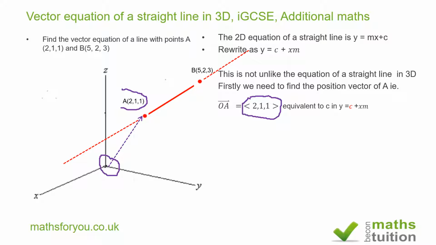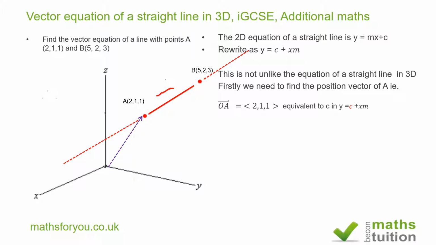Now, this OA here, this vector there, is equivalent to c in the equation of a straight line in 2D. So that is the equivalent of c. Right, moving on from that, we now need to find the vector AB.